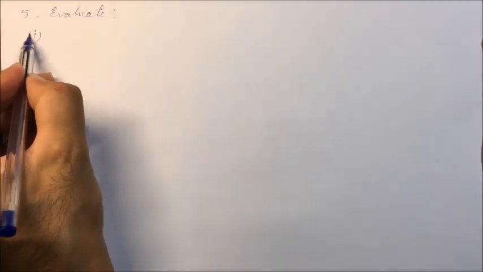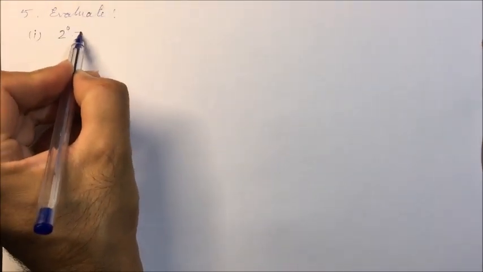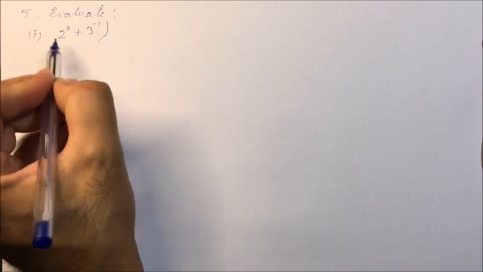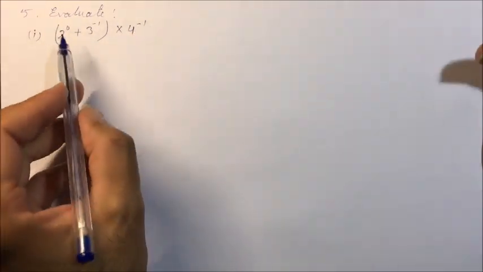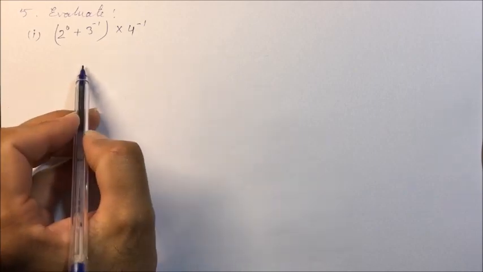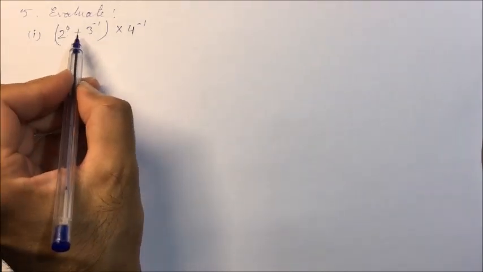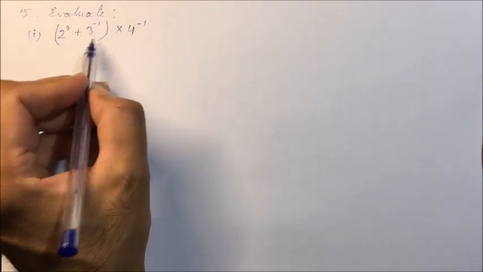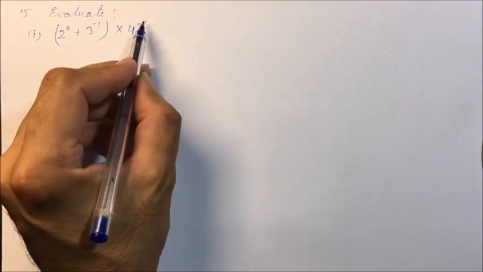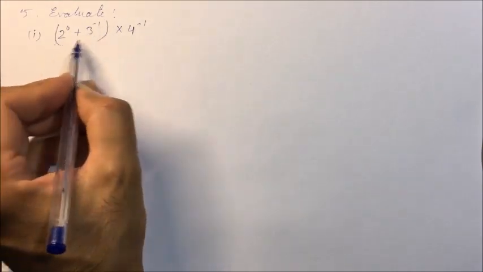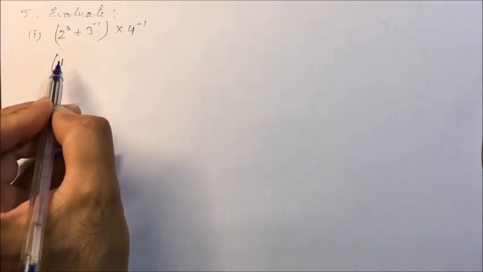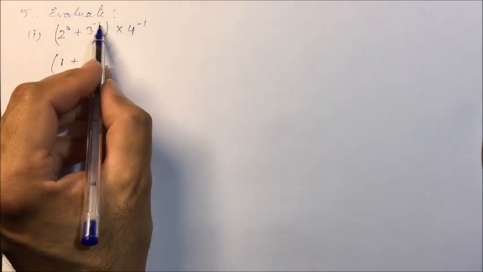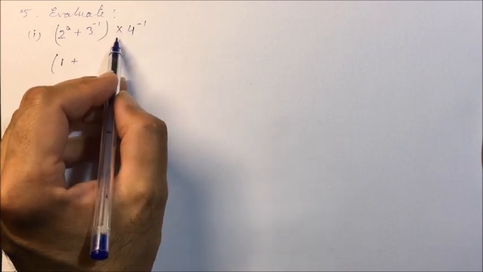So first one, (2 raised to power 0 plus 3 raised to power minus 1) into 4 raised to power minus 1. This is given and we have to solve this. The bracket closes into 4 raised to power minus 1. So first we have to solve the bracket. Inside the bracket any number raised to power 0 is 1, plus a raised to power minus m equals 1 upon a raised to power m.